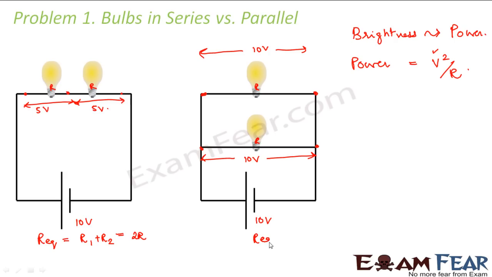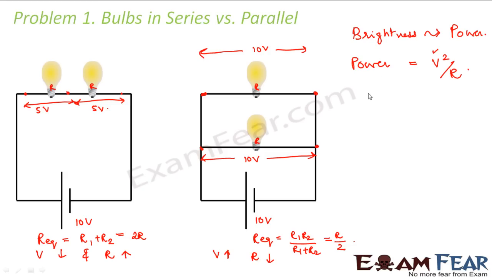What happens to the equivalent resistance in parallel? It is R1 R2 divided by R1 plus R2, so here the equivalent resistance becomes R by 2. So in series combination, the voltage decreases and the resistance increases, whereas in parallel combination, the voltage increases and the resistance decreases.